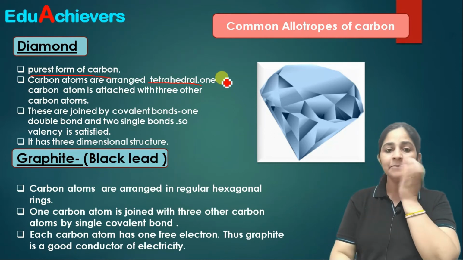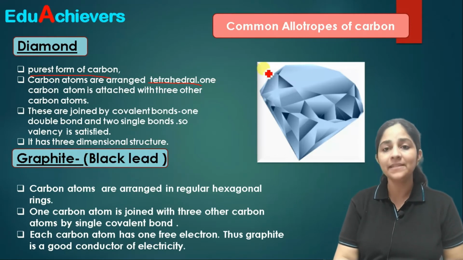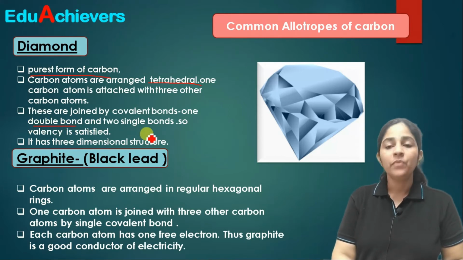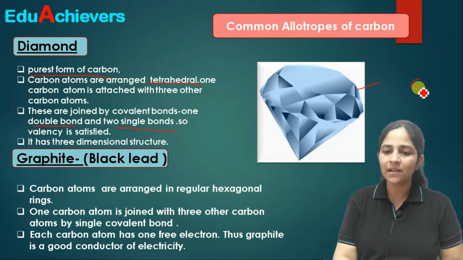So you can understand the valency will not be complete in that way. How is the valency completed? It forms one double bond with one atom and 2 single bonds. So in this diamond we have one central carbon atom.